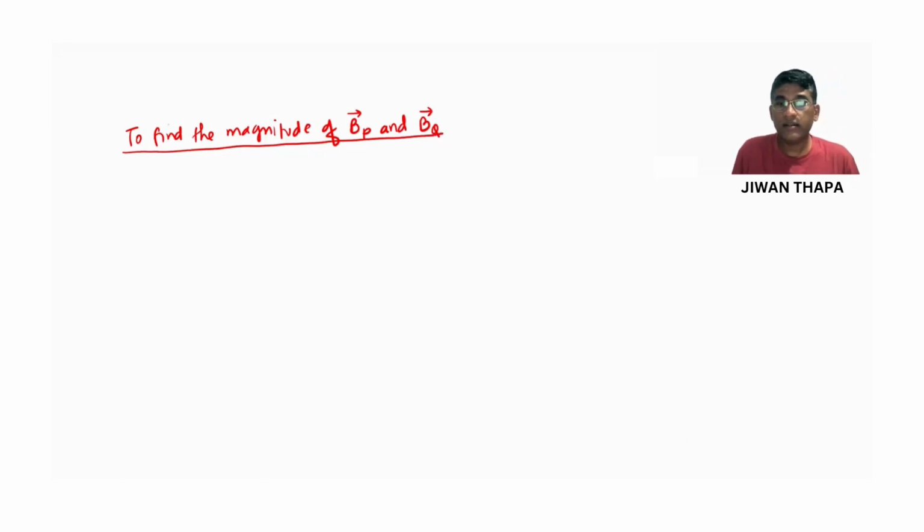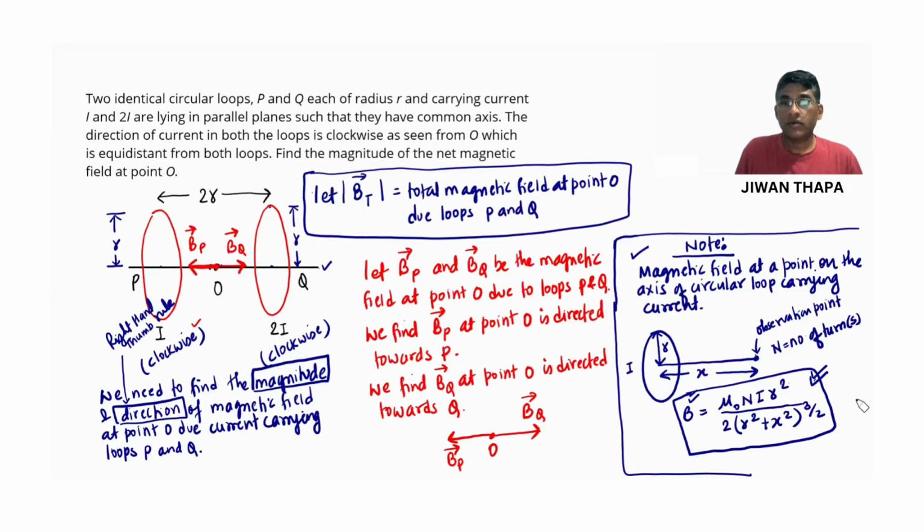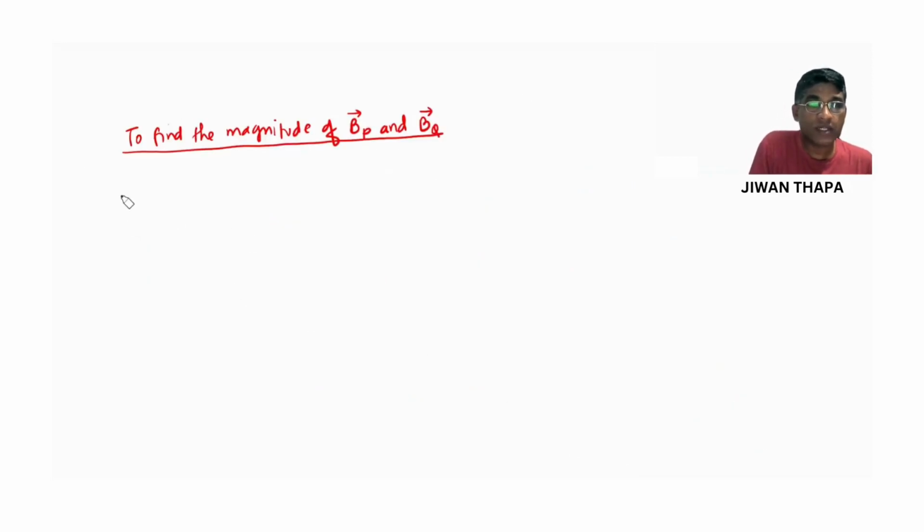So as I said earlier, we use this concept in order to find the magnitude of magnetic field at point O due to coil P and Q. So we have this, okay? So I'm writing in this way.